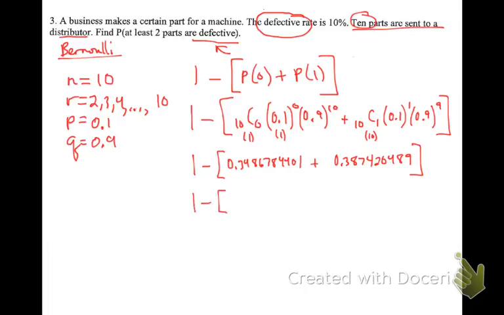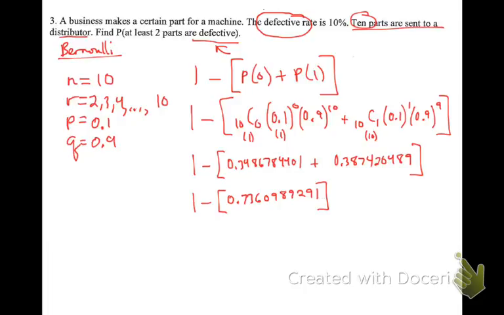Now let's add those two values together. That gives me 0.7360989291, and technically there are probably more places than that.